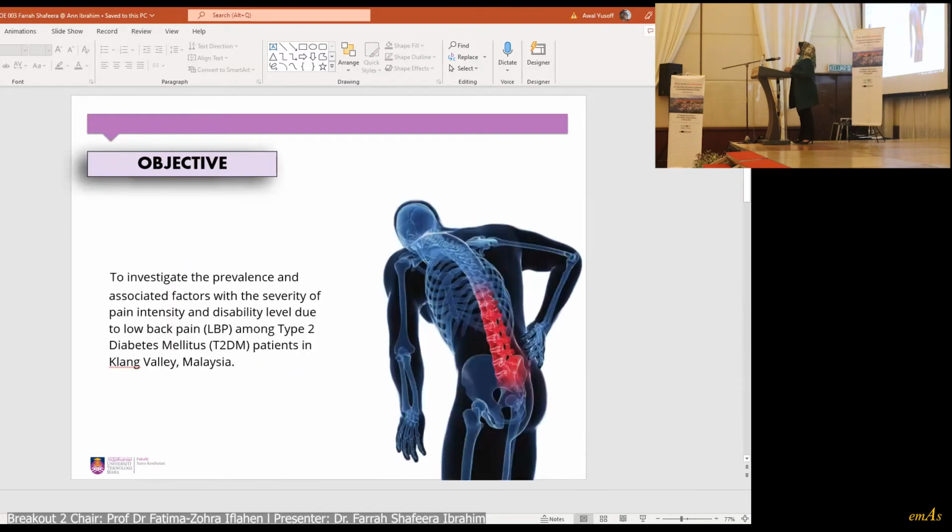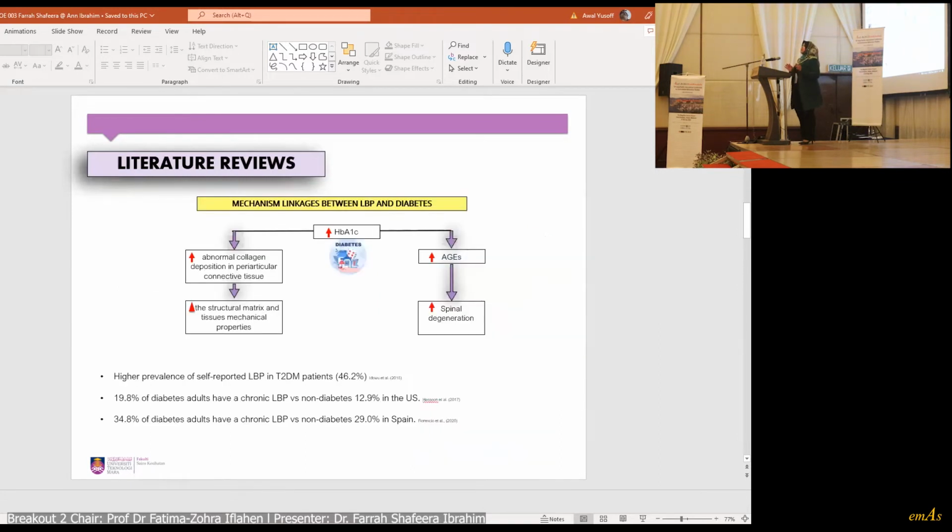Thus, our group would like to investigate the prevalence and the factors associated with the severity of pain intensity and the disability level due to low back pain among diabetic patients, specifically in the Klang Valley, Malaysia. Before we begin the study, we tried to find the connection.